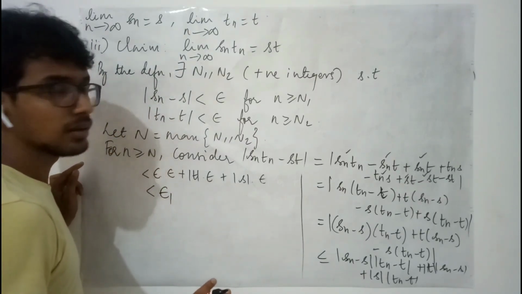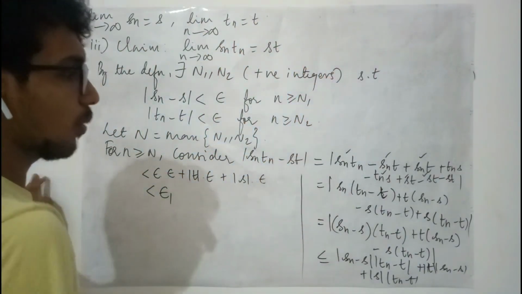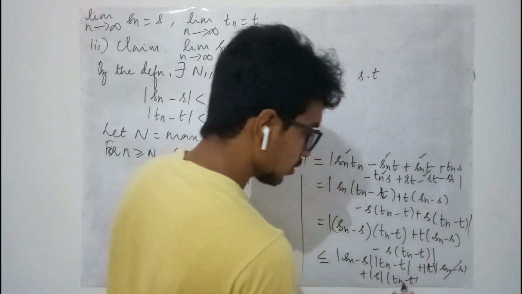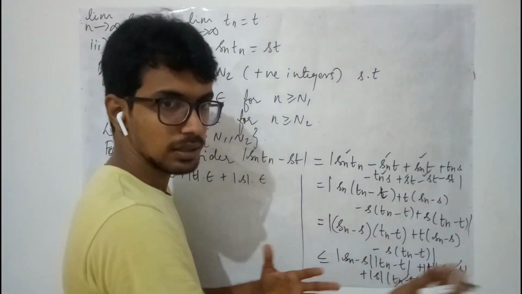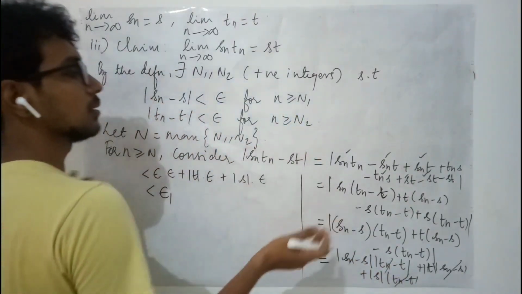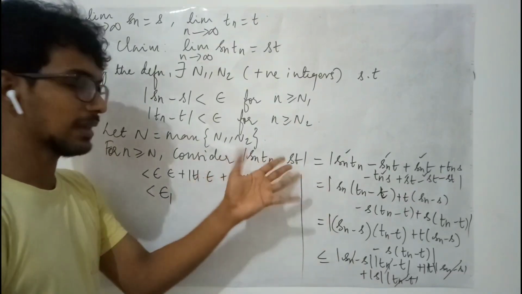That's it. Just because the convergence is happening, you may also take this to be 0, this to be 0. When you take the limit as n approaches infinity, you will have this to be 0, this to be 0, and hence SnTn converges to ST.